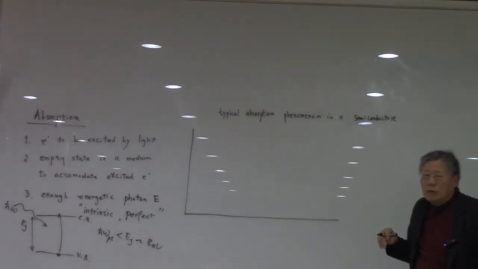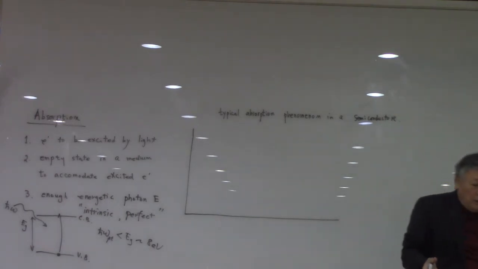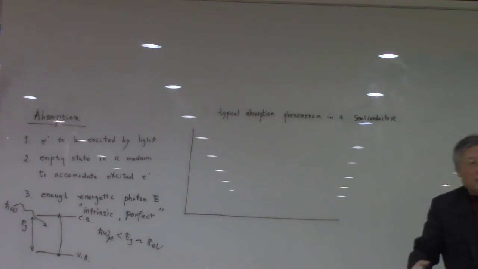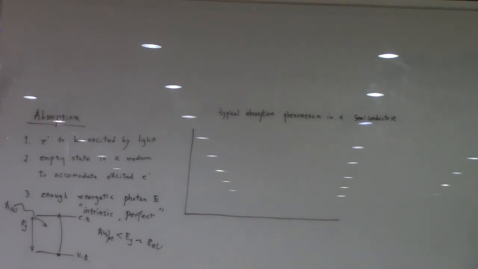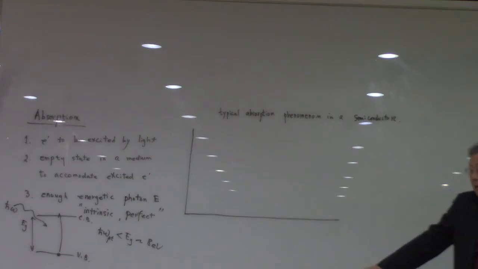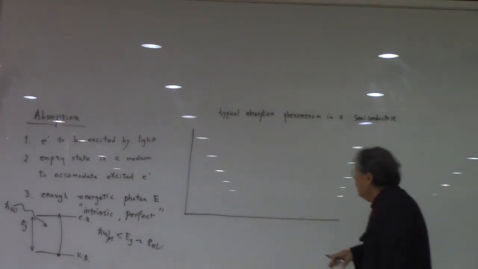We don't have to talk about the absorption phenomenon in a metal because everything is going to be reflected. We don't have to talk about the absorption phenomenon in an insulator because everything is going to be transparent, right? Every light is going to be transmitted.